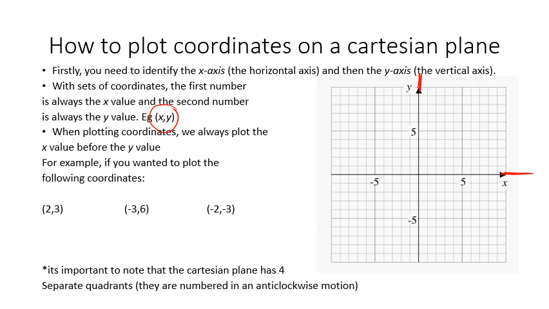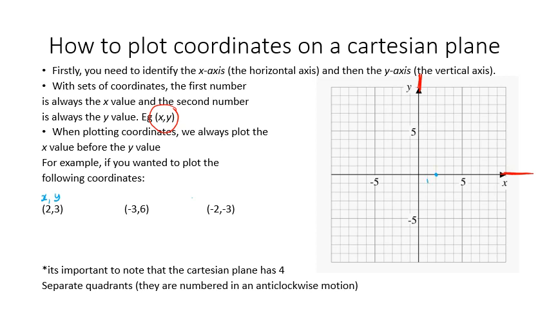So let's use blue to plot this one here. Now our first value is our x value and our second value is our y value. So our x value here is positive 2. Now on this Cartesian plane here, I've actually got 4 quadrants, and I'm going to go along the x-axis, so the horizontal axis, to positive 2, which happens to be here.